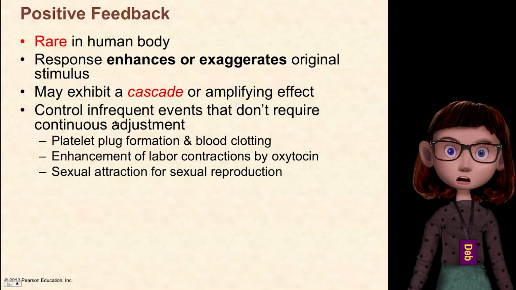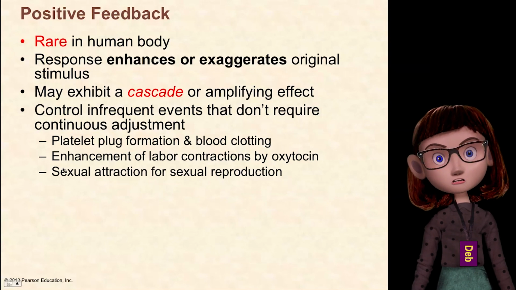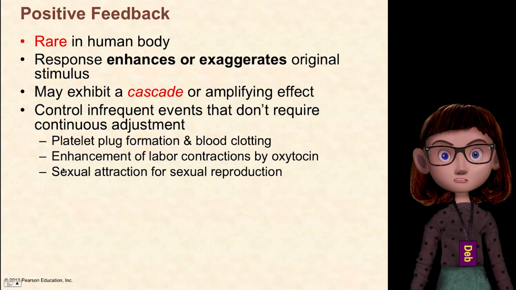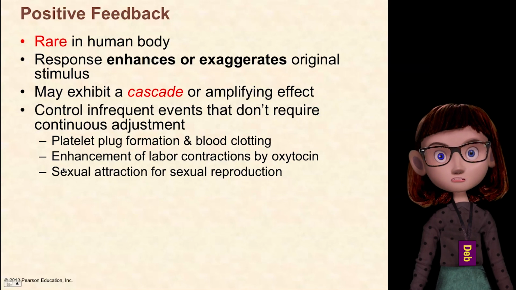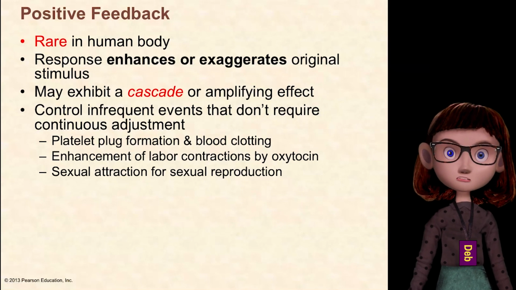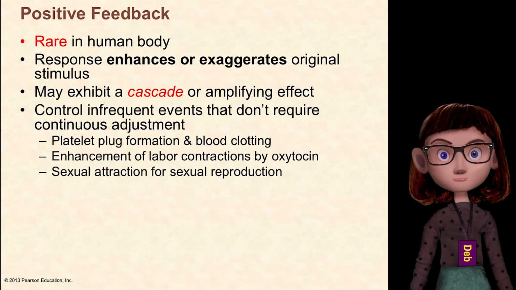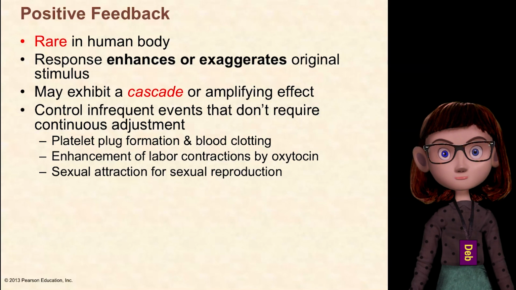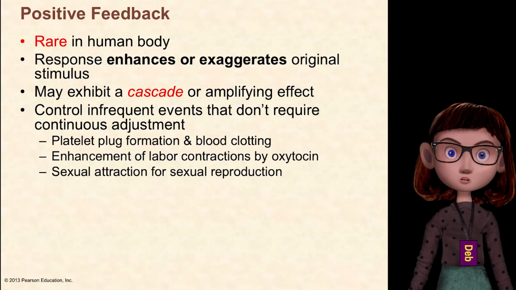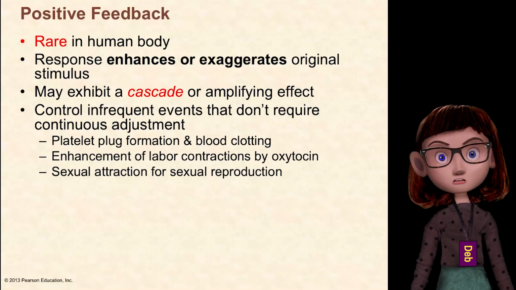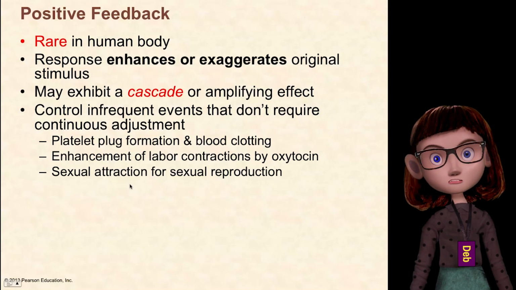The other example for positive feedback would be enhancement of labor contractions by oxytocin. Oxytocin stimulates uterine contractions. When labor starts, it's going to actually release oxytocin. This amplifies the labor contractions, and then eventually the baby will be born. The other example of positive feedback is sexual attraction for sexual reproduction.